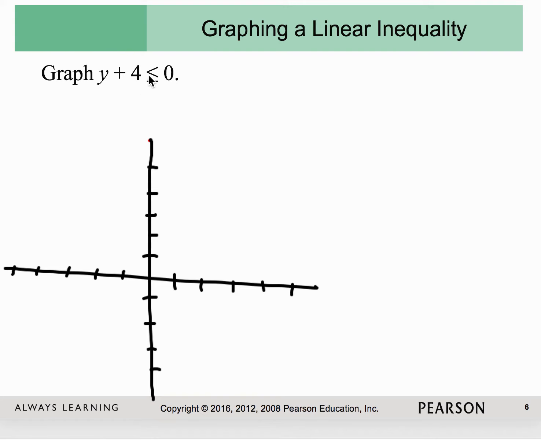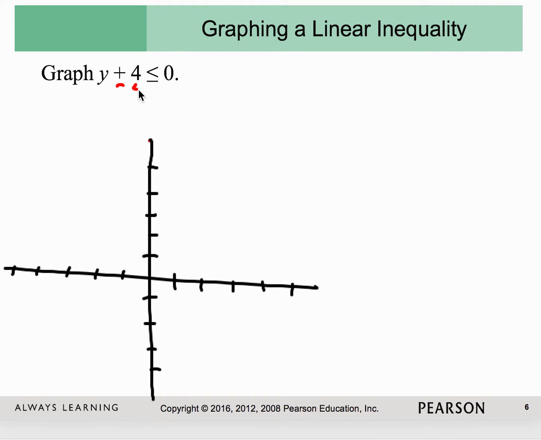Because I wouldn't know that if it didn't tell me graph, because this one's special. It only has 1 letter, right? I gotta know if I'm graphing and I have 1 variable, it's one of those special situations.